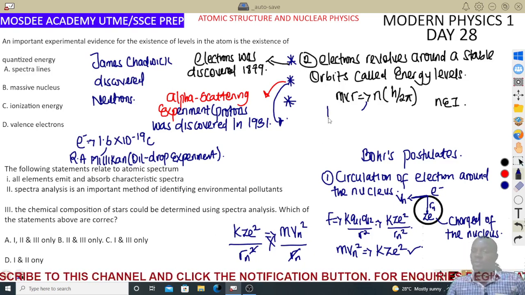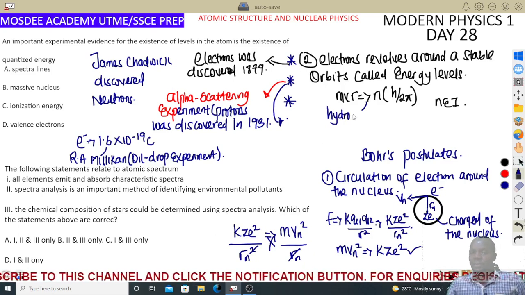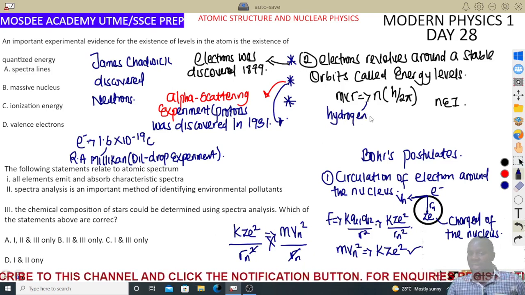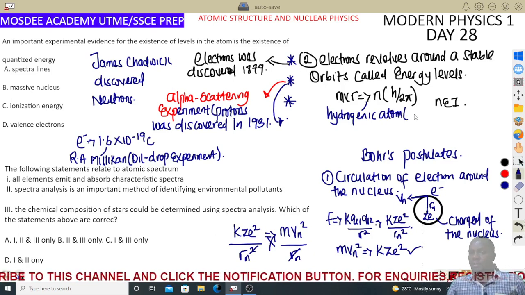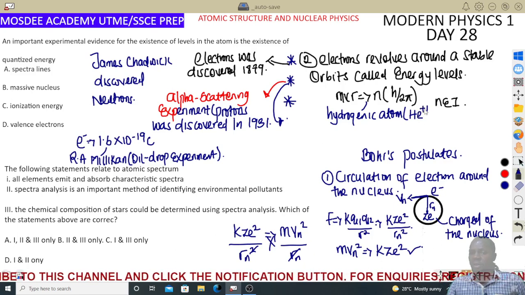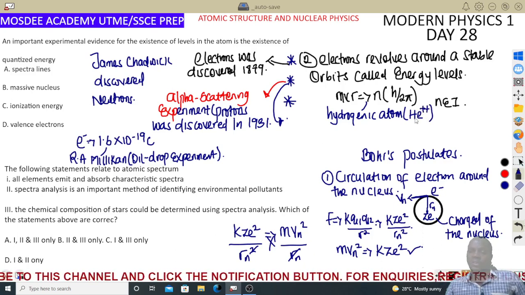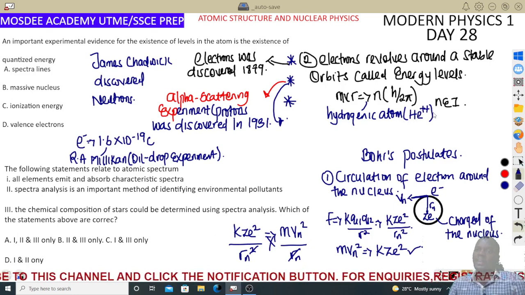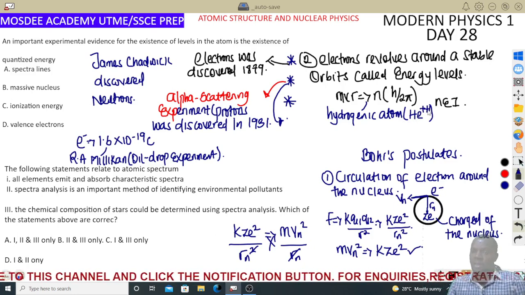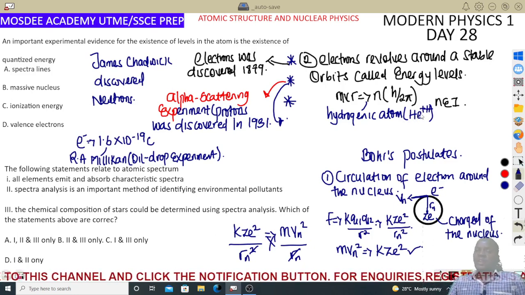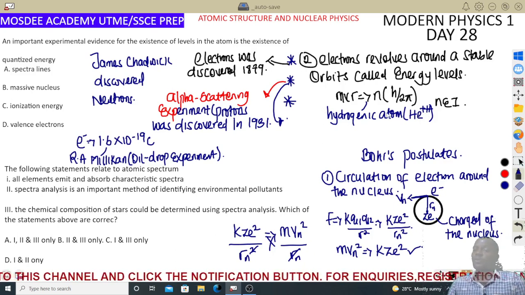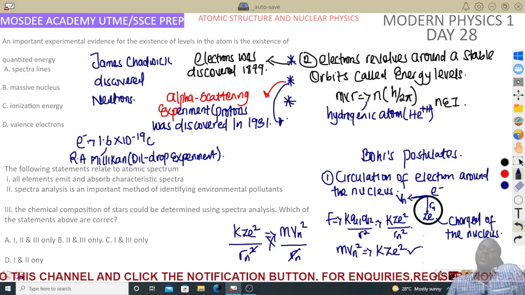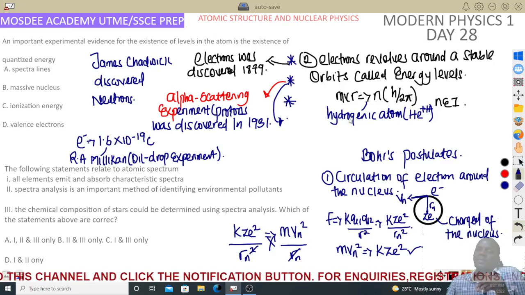So basically we use hydrogenic for H, or sometimes if somebody writes helium plus, I hope students remember this from chemistry. It's also possible because helium has Z equal to 2. You understand what I mean? Helium plus, with one electron. But mostly we use it for the hydrogen atom. So that is the limitation of this man's postulate.